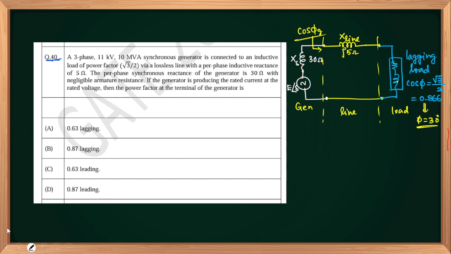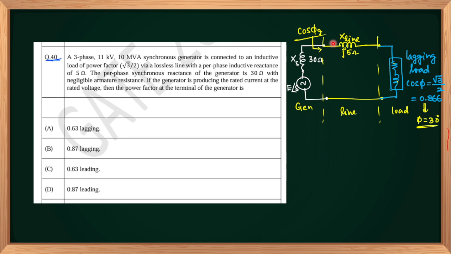This generator can see load impedance plus line impedance, right? Only the load power factor is 0.86.